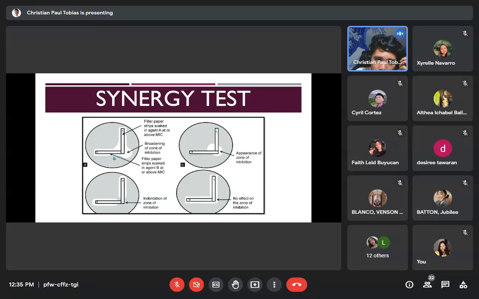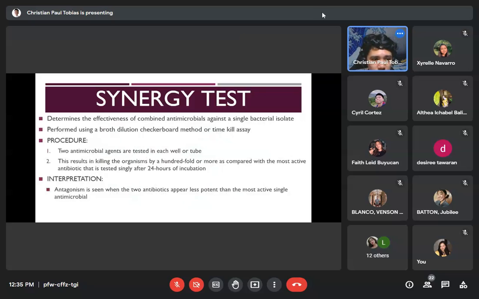Okay, then this is the zone of inhibition. From here to here, you will measure the zone of inhibition. Okay, that is your synergy test. Basta tandaan nyo na lang pag synergy. In vitro ba to?